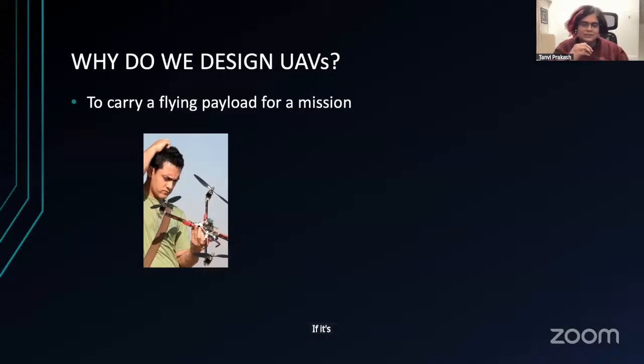If it's a camera, a radar, or some other kind of payload like an agricultural spray payload, it has a particular mission that needs to be finally addressed for improving some process or improving someone's life. Once you know the mission, then you can select a payload, and based on what payload you require, that's when you end up deciding what kind of UAV platform should carry this payload.